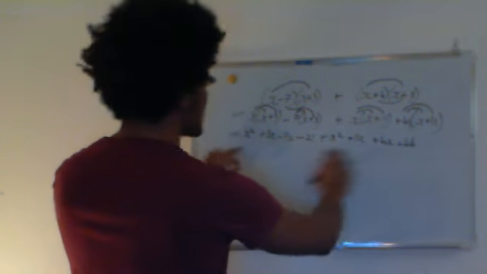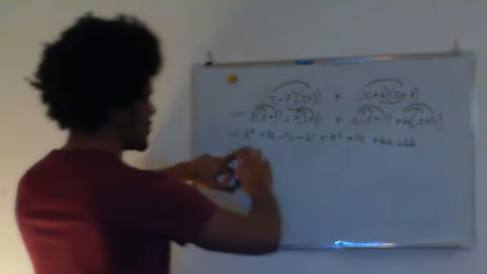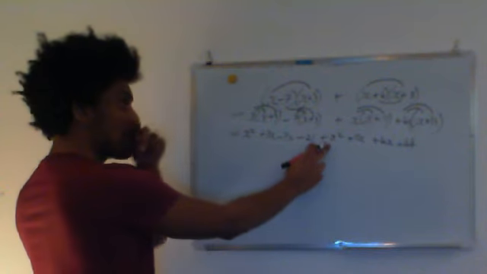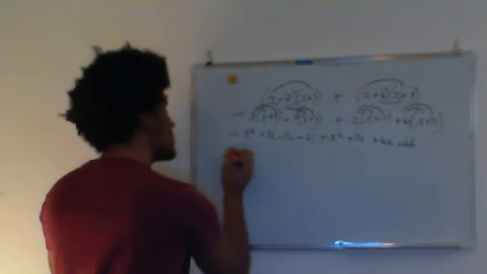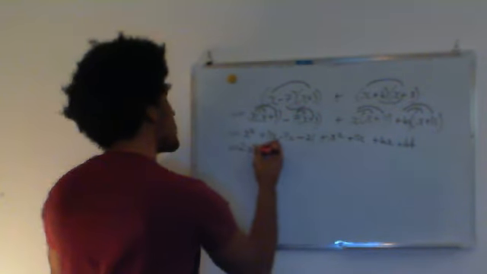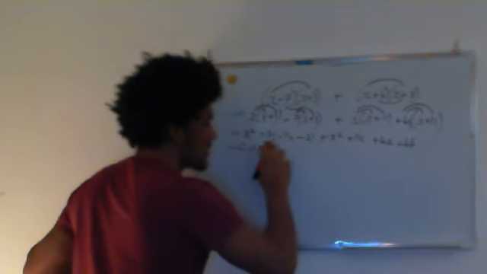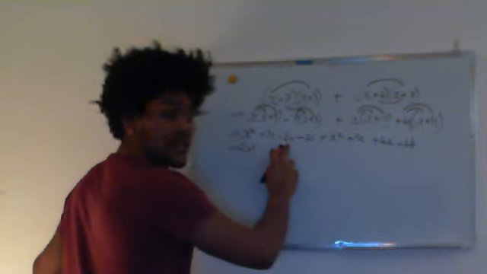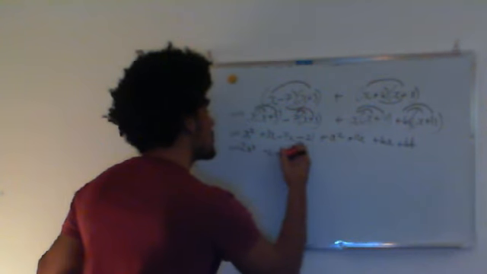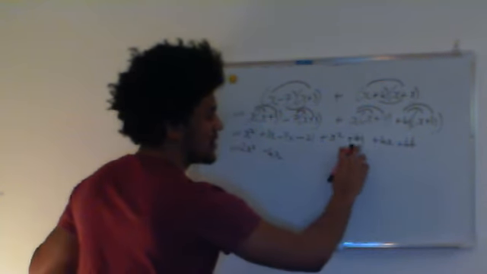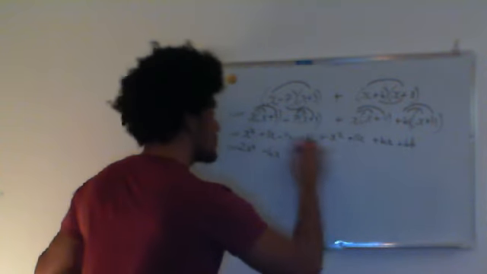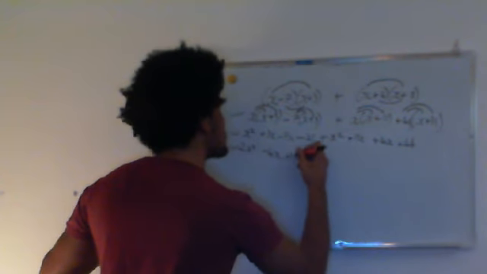Now we have all these to combine together, so we get the x squared together. We have an x squared here plus an x squared here is 2x squared. We have 3x minus 7x is minus 4x. And here we have 11x plus 4x is 15x.